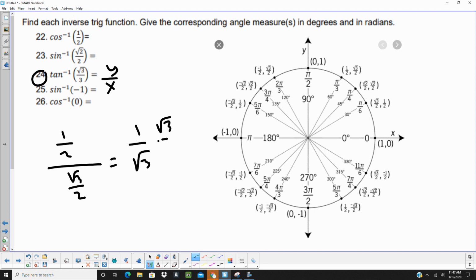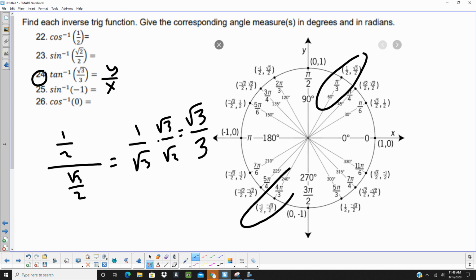Rationalize, and you get radical 3 over 3. And that is happening in quadrant 1 with 60 degrees, pi over 3. And it is also going to happen in quadrant 3, so 1 and 3, at 4 pi over 3 and 240 degrees.